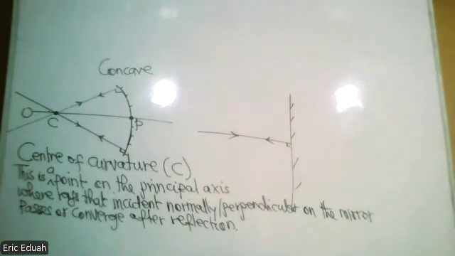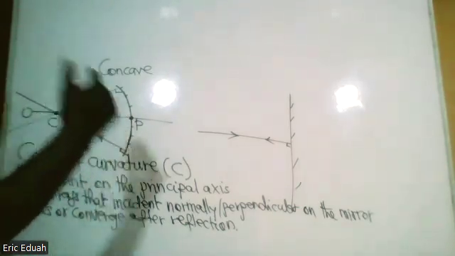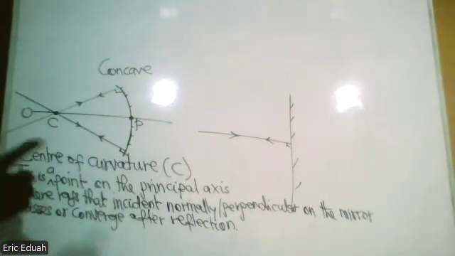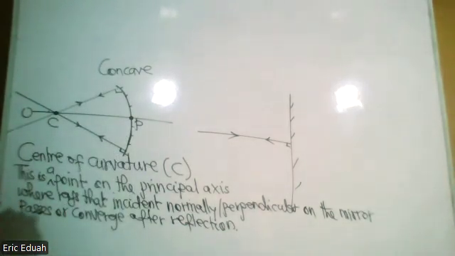Now, all measurements are taken from the pole. So if you are measuring the principal focus, the focal length or whatever, you have to start from the pole.